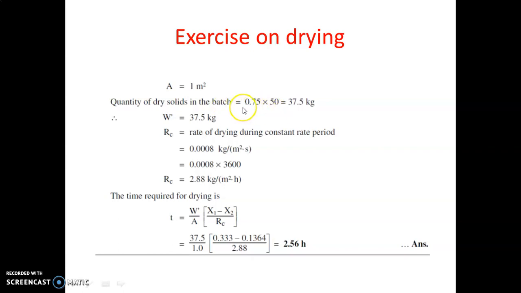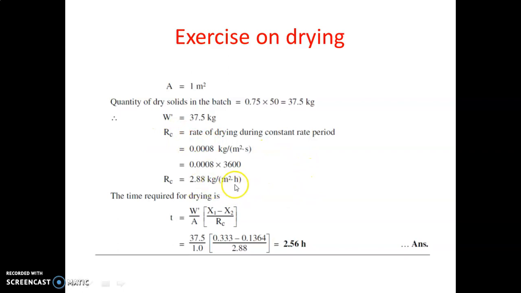So we multiply 0.75 into 50 and we get 37.5. So the W dash value is 37.5.